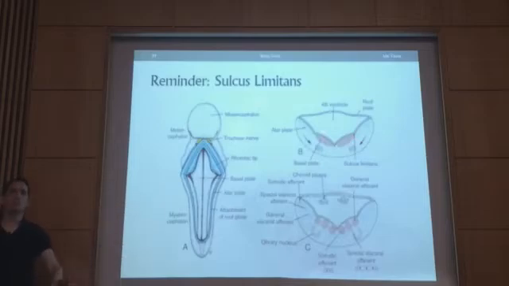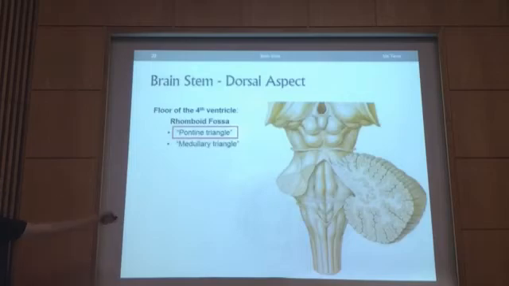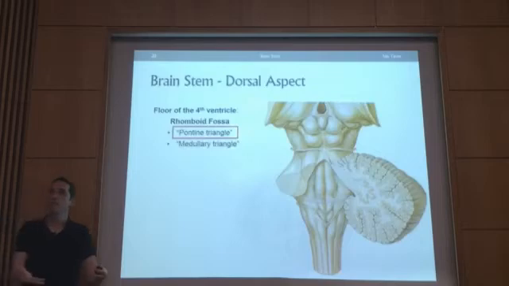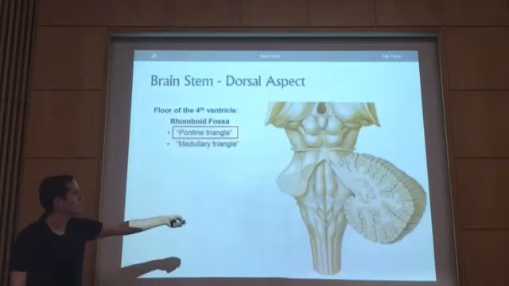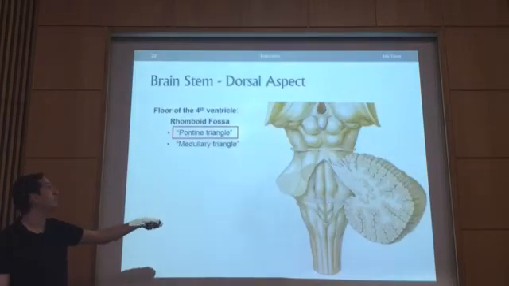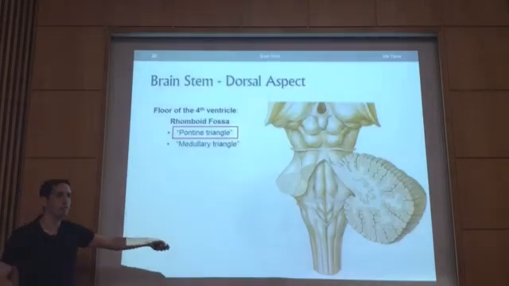So this is why we can find the sulcus limitans. We can't find it in any other region of the brain. We have dorsal regions and ventral regions, and the brain develops, but we can still see this sulcus limitans specifically in the floor of the fourth ventricle.